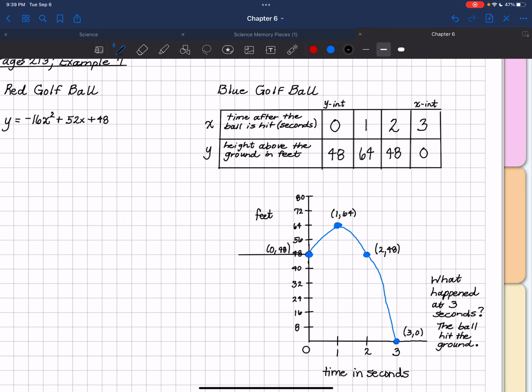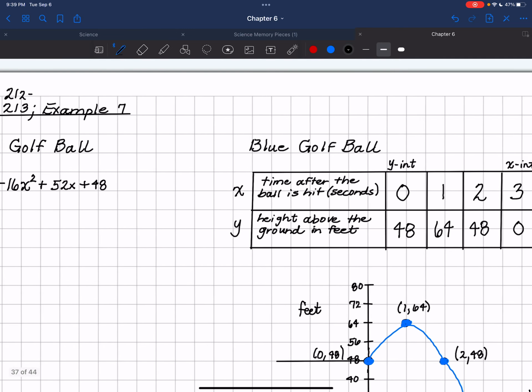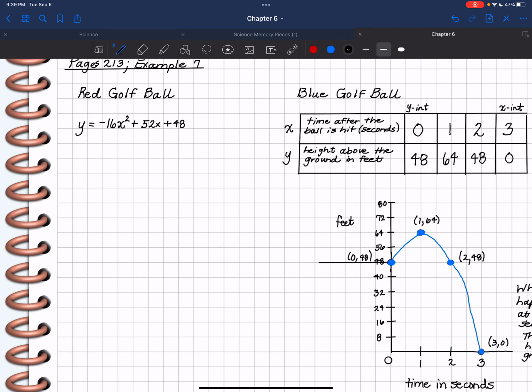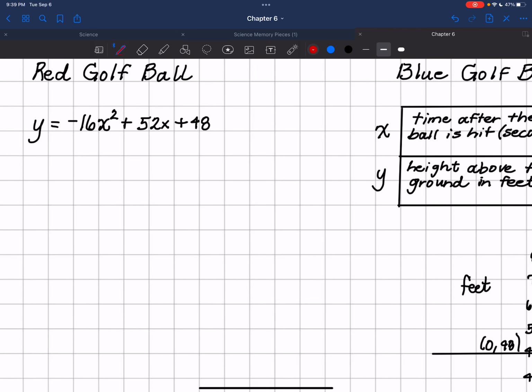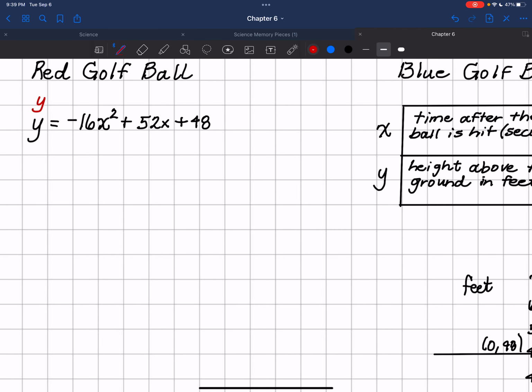Okay. So let's look at the red golf ball and see what's happening to it. This is definitely a quadratic equation. It's in quadratic form. Remember that form is ax squared plus bx plus c.